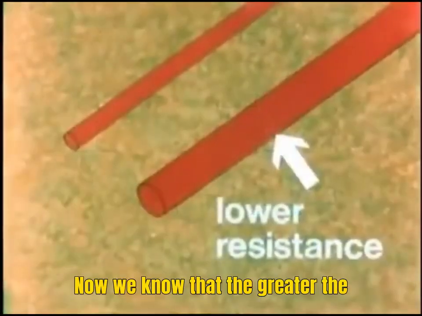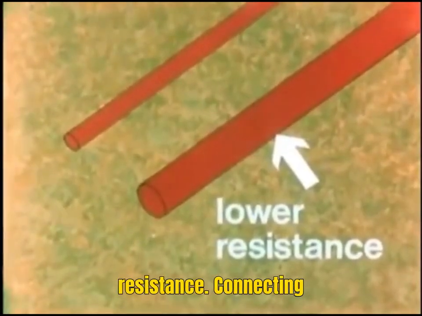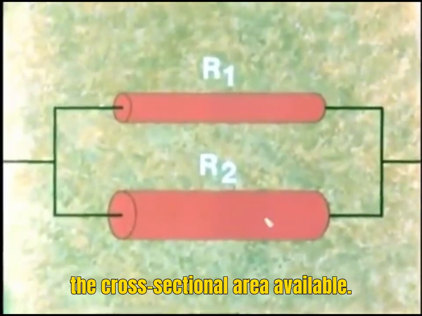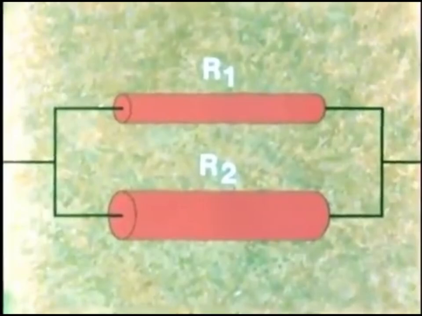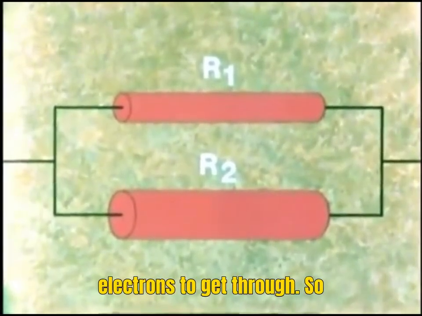Now we know that the greater the cross-sectional area, the lower the resistance. Connecting resistors in parallel is like increasing the cross-sectional area available. There is, as it were, more room for the electrons to get through.